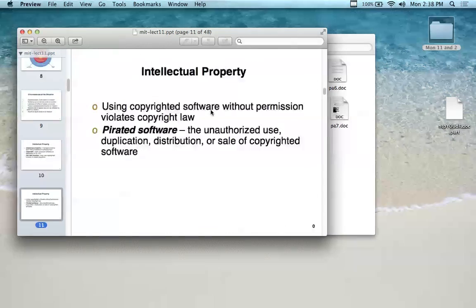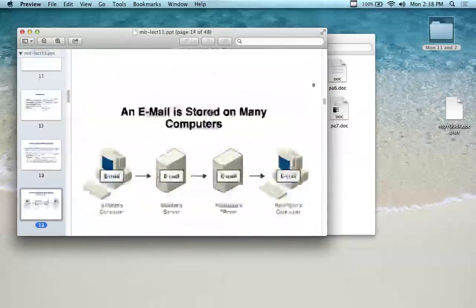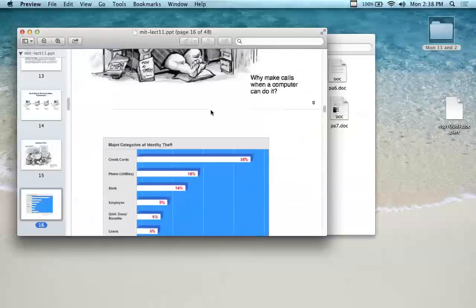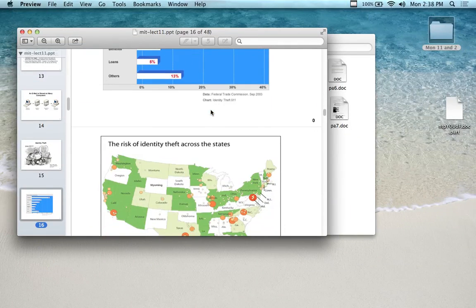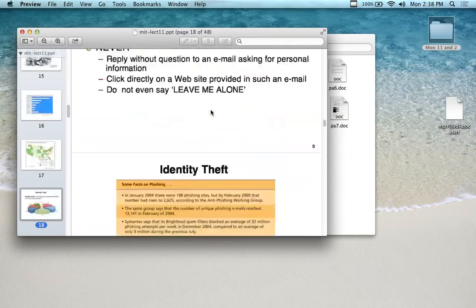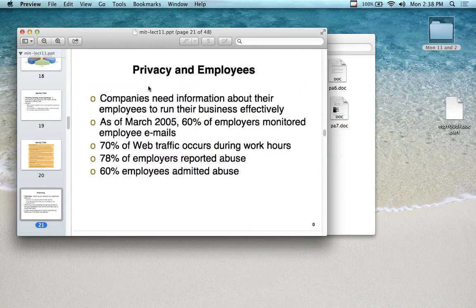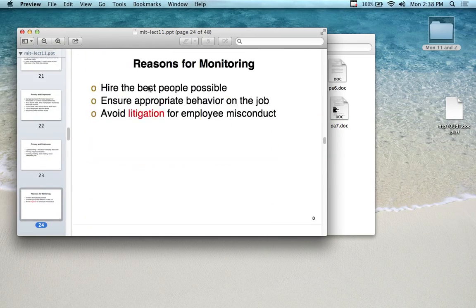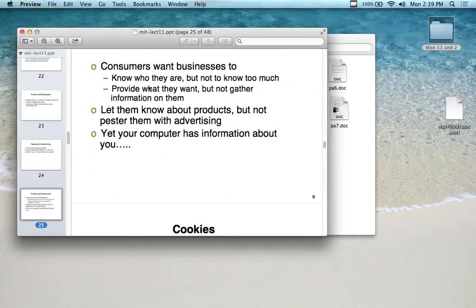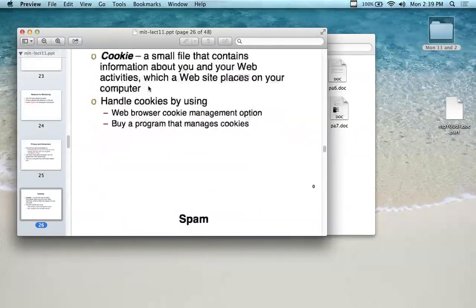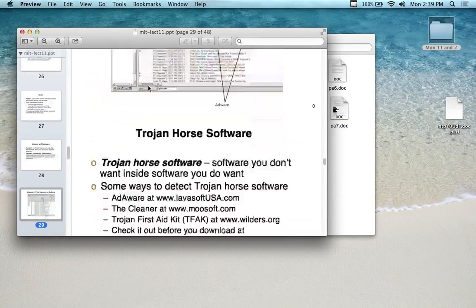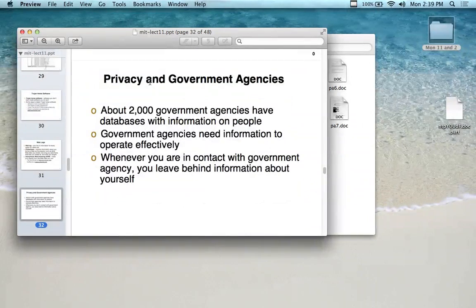I didn't cover this one, but it's very similar to the other one that I covered, which is why I decided to focus on cloud computing and software as a service instead, which gives you a better model. But this one covers privacy of employees, reasons for monitoring employees, privacy of consumers, cookies, spam, ad-aware concepts, web logs, and things like that.